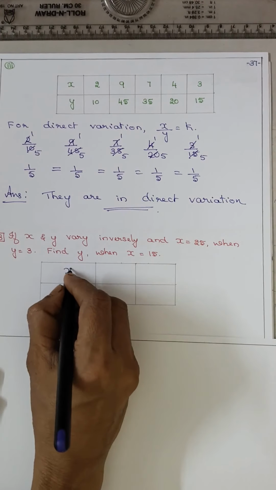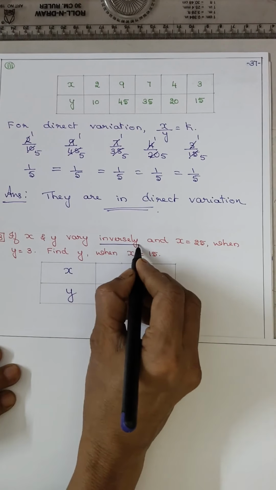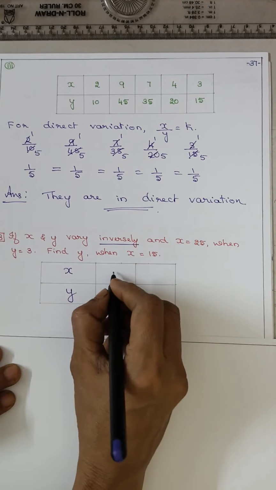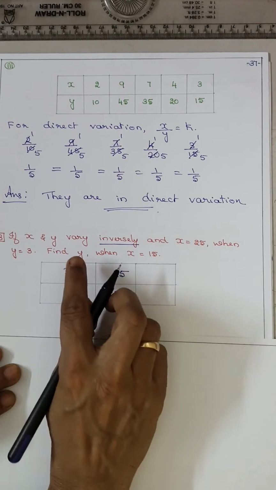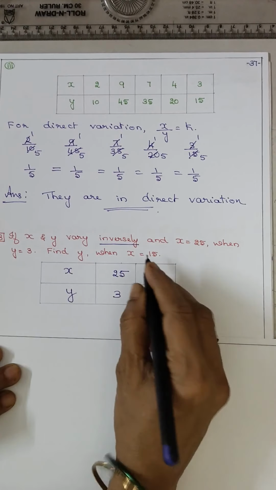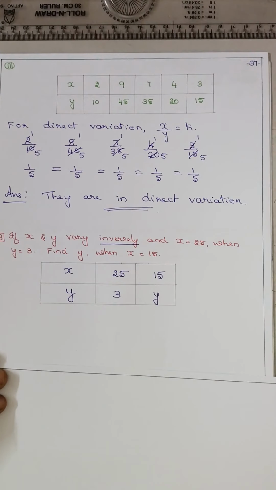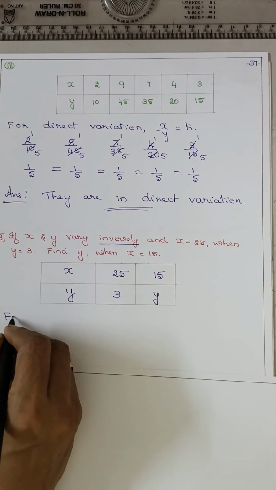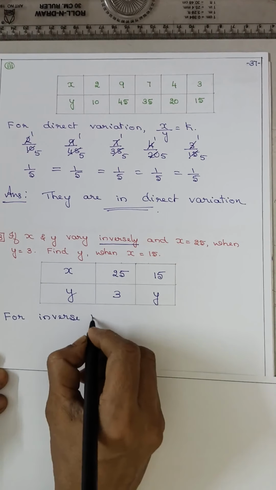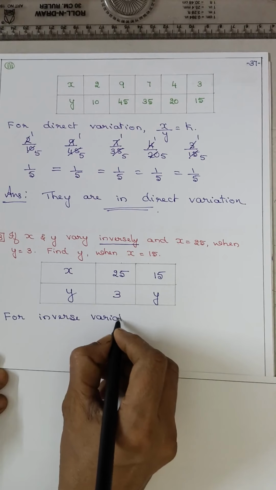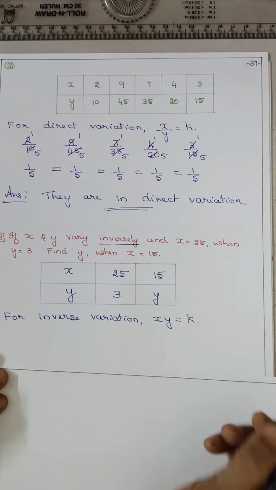So when x and y vary inversely and x is equal to 25 when y is equal to 3, find y when x is equal to 15. Already they have told inverse. So for inverse variation, formula is xy is equal to k.